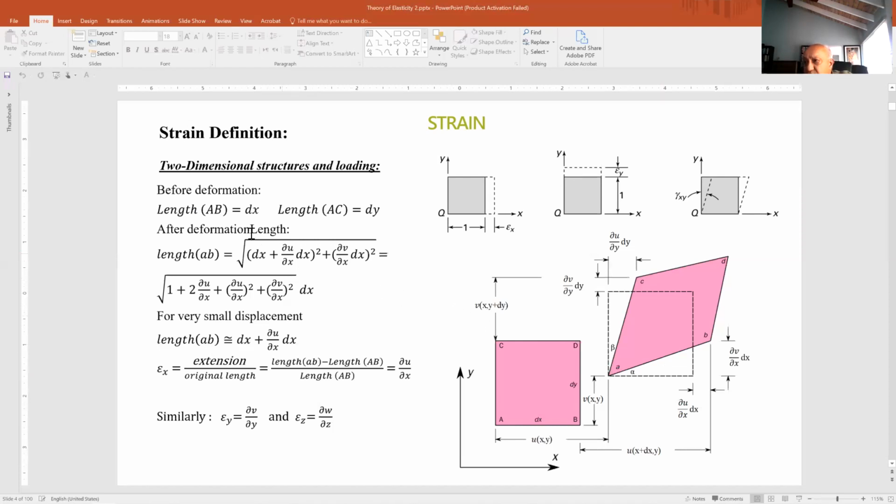In x direction, initial length is dx. In y direction, initial length is dy.